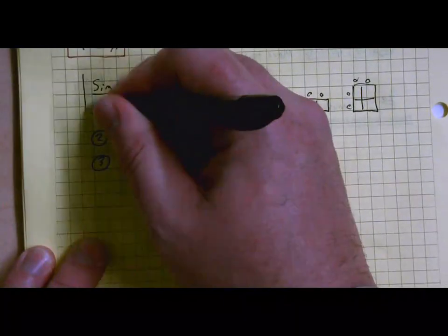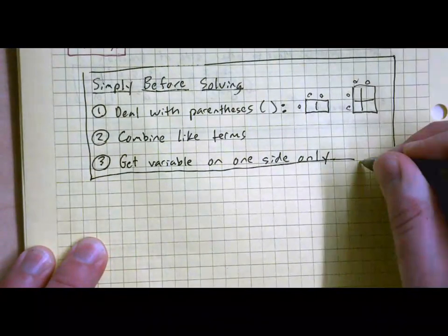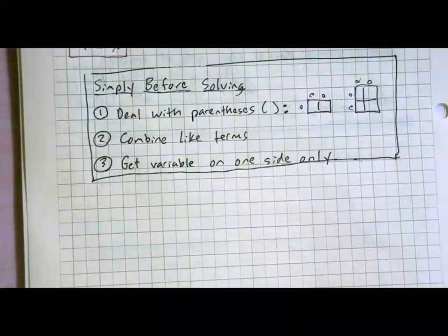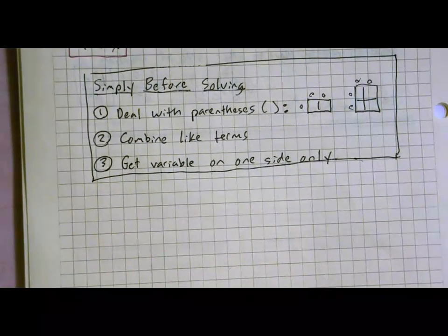So we're going to practice doing this today. If we can do all of these steps before we start solving, by the time we get done with these 3 steps, we're going to have a very simple equation to solve, and it won't take us very many steps.